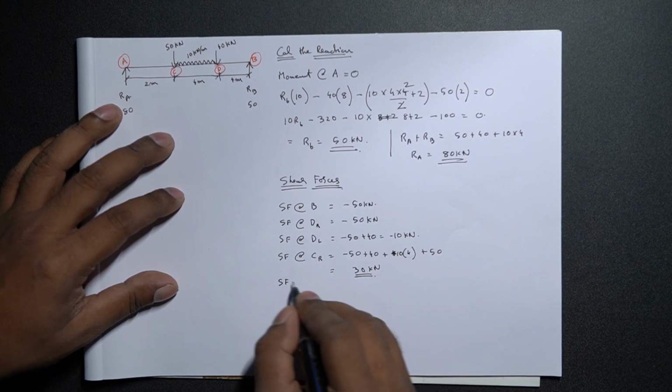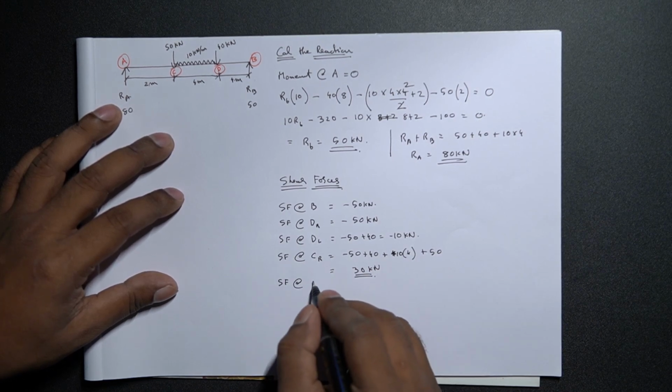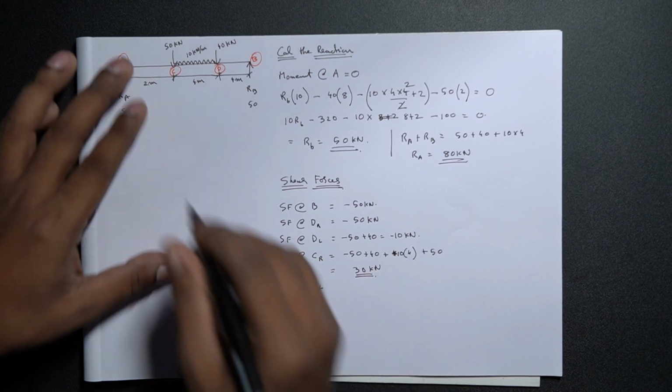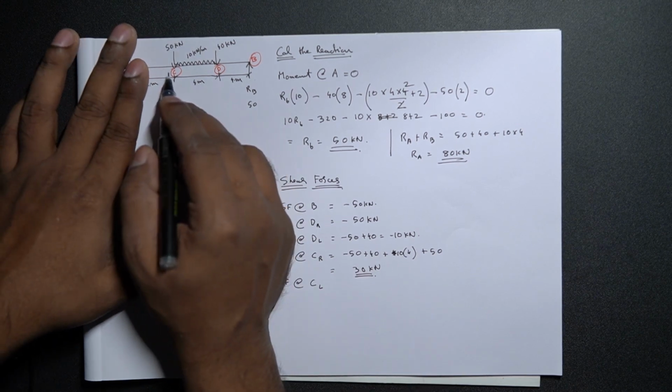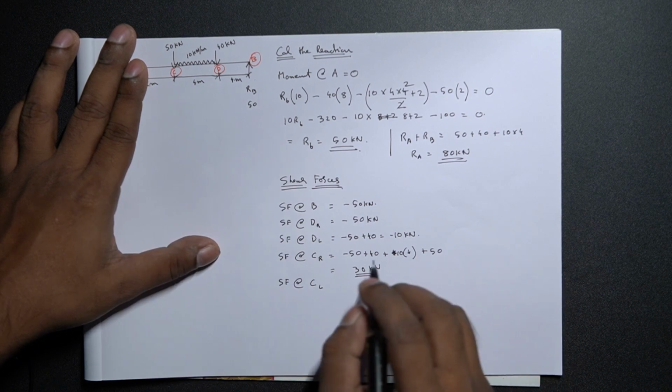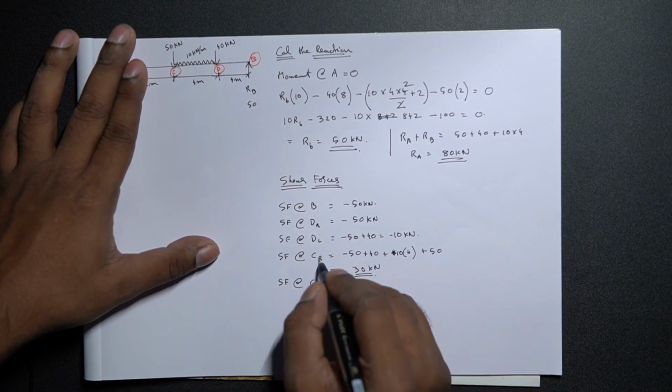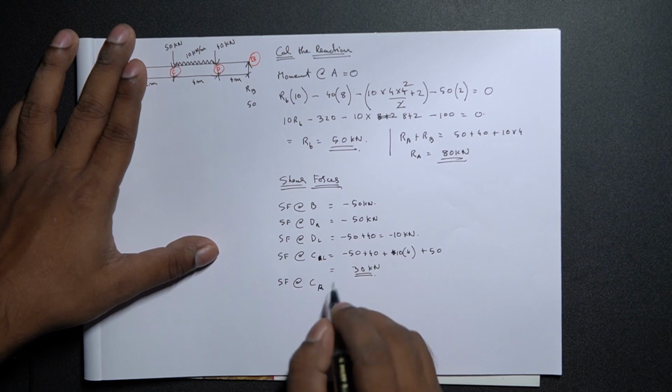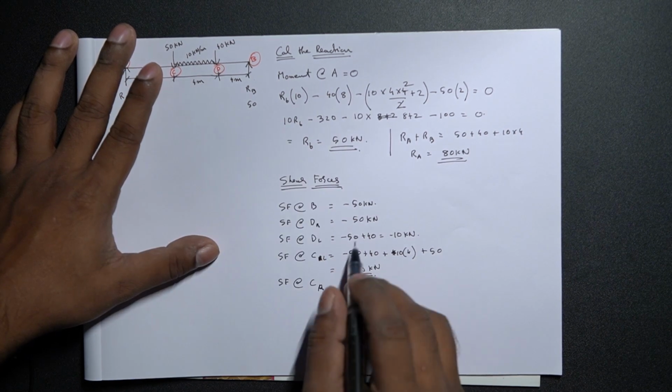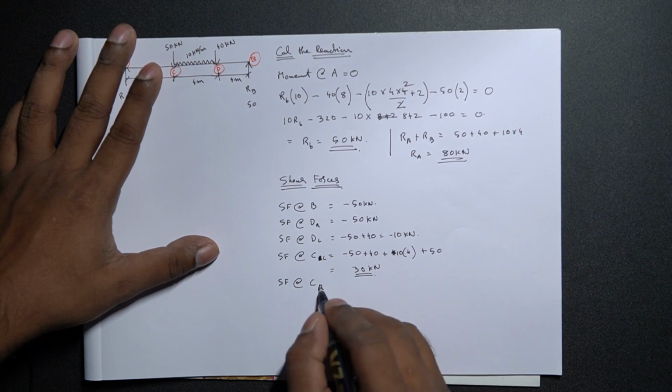Next, shear force at C left. On the left of C, now that we have included the 50 kilonewton part, sorry, this should be left of C. We'll just put this as right of C. Shear force on the right of C. So we don't have this 50 load over here.